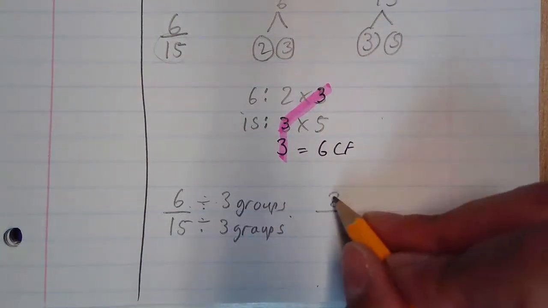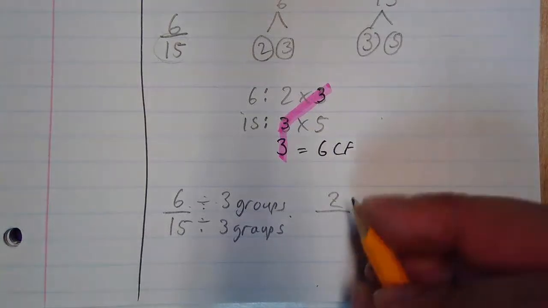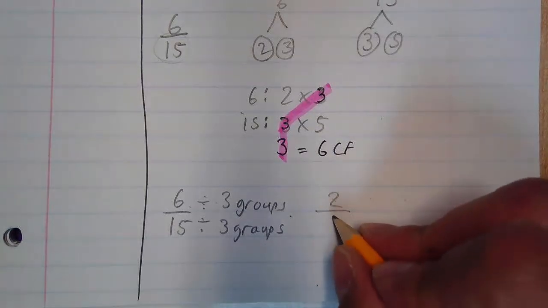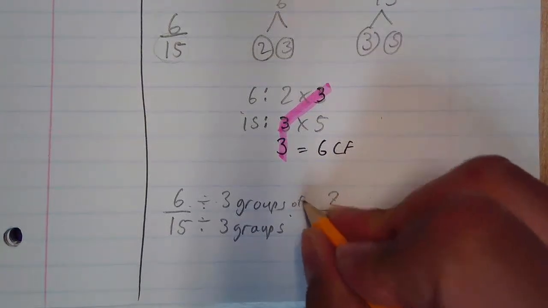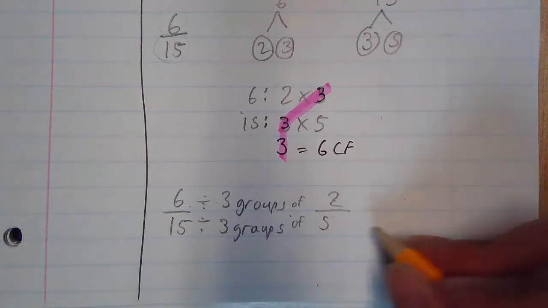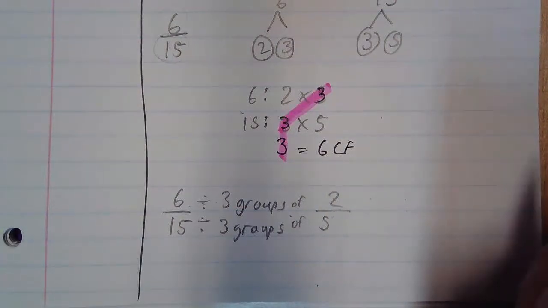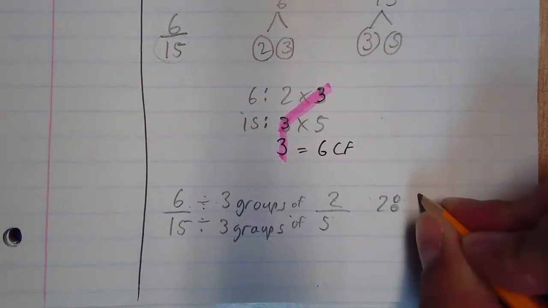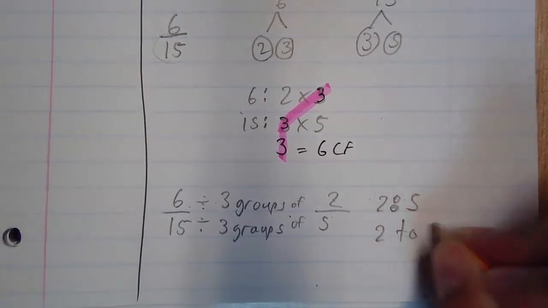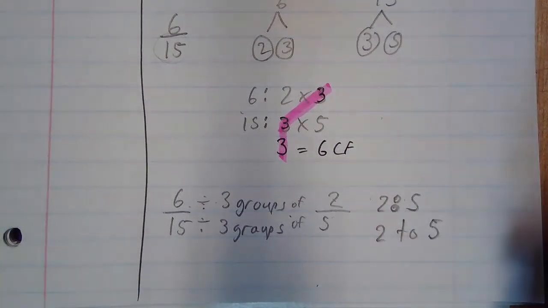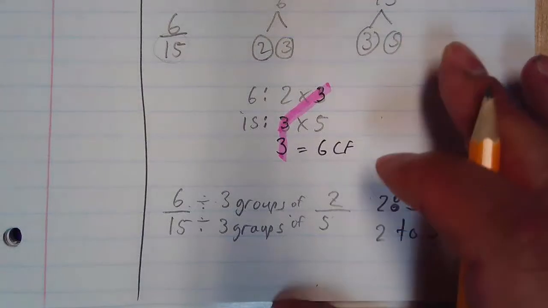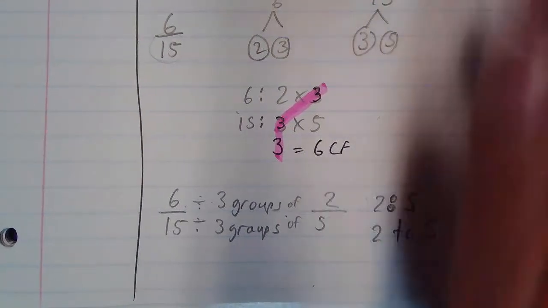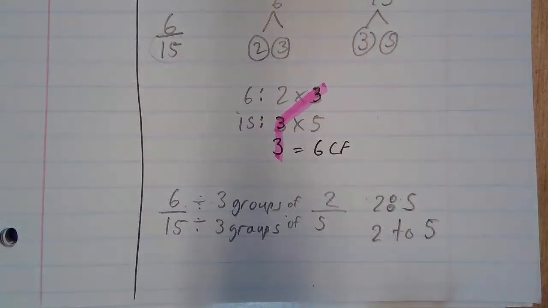You can imagine 3 groups of 2, 2, 2, and 3 groups of 5, 5, 5. Okay. Also, might as well remind you, you can also write the ratio like this: 2 to 5. Just remember that. But no, of course, this is a part-to-part ratio.